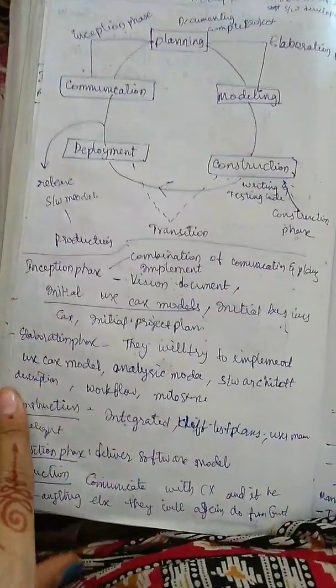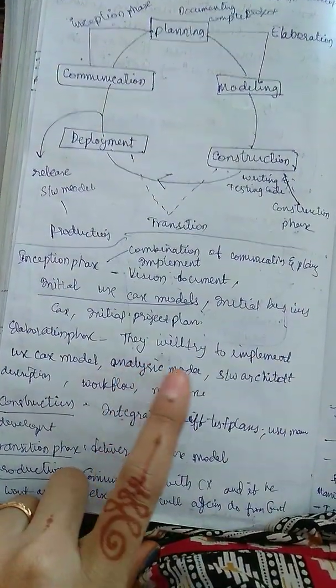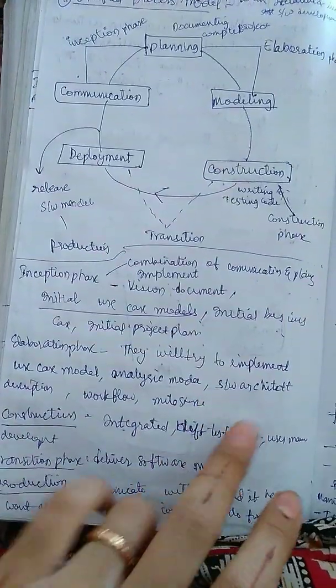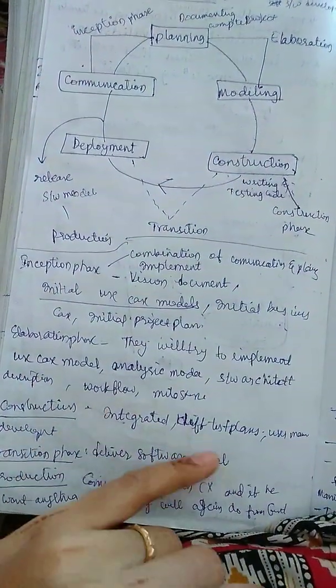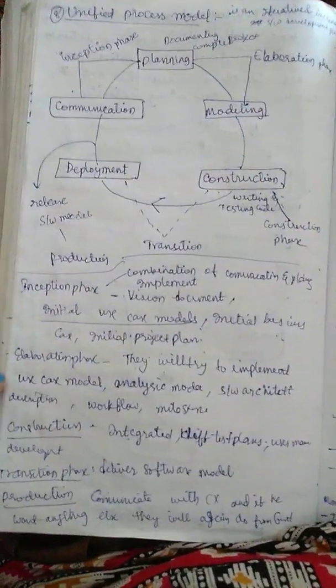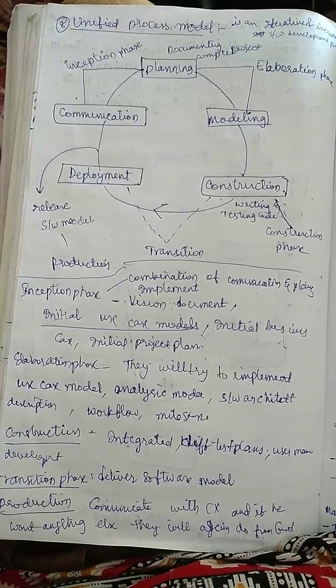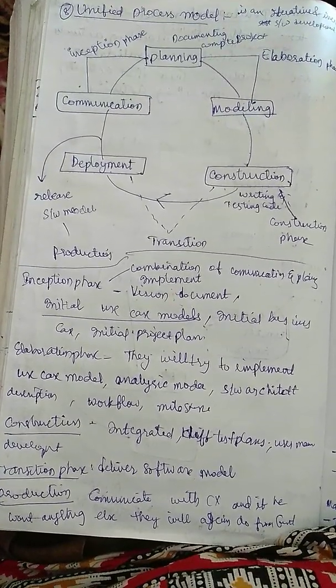In the elaboration phase, they will try to implement the use case methods, implement the analysis model, software architecture description, workflow, milestones. Okay, construction: integrated different test plans, user manual development, everything comes under construction.